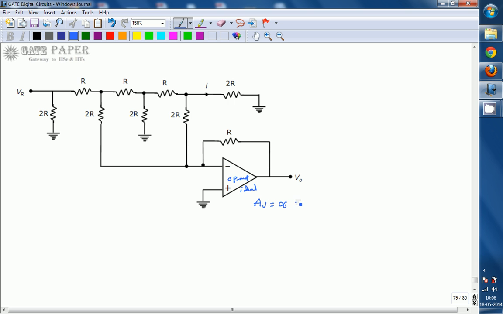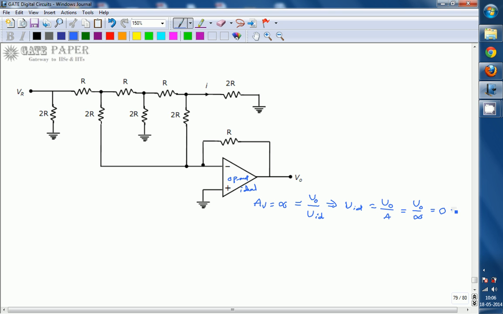AV is nothing but output voltage divided by input voltage, and the input voltage is the difference between the inputs. So VID is equal to V0 divided by AV, that is V0 divided by infinite, which is 0.